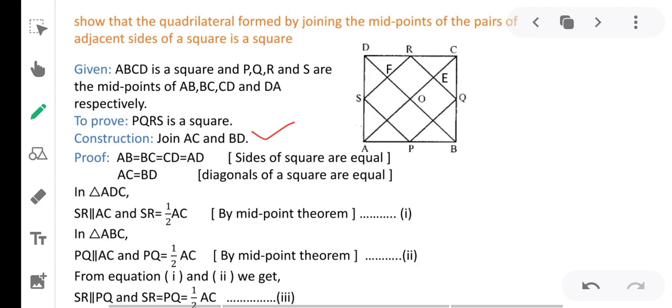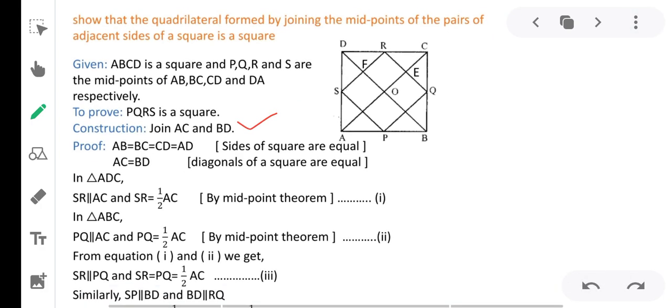Now we have to prove that PQRS is a square. If ABCD is a square, that means all sides are equal, so we can write AB equal to BC equal to CD equal to AD. Clear?